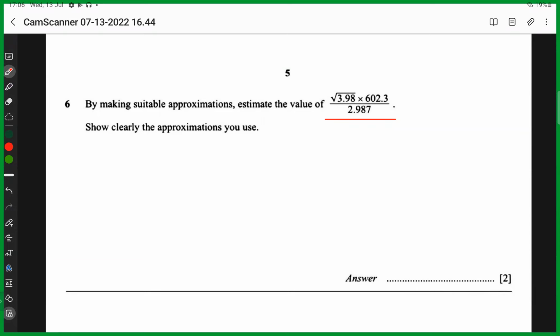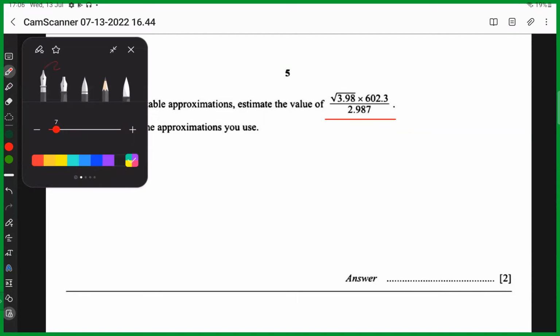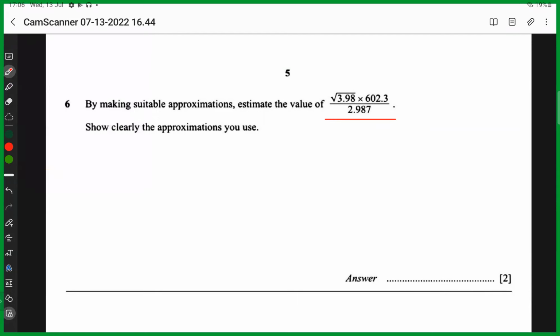Okay, now let me just fix my pen. Okay, we need to approximate this entire thing. For that, I need to round off all the numbers. So since it says show clearly the approximations you use, 3.98 can be rounded off to 4.